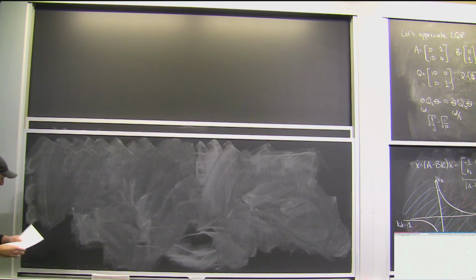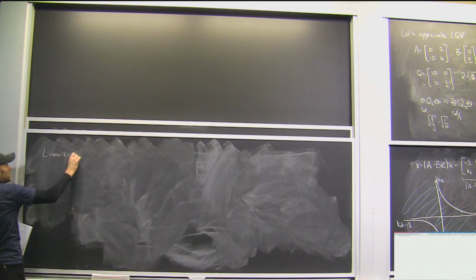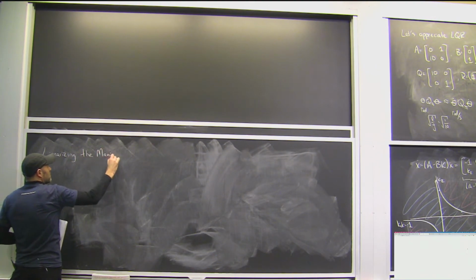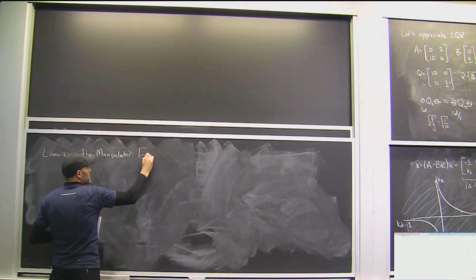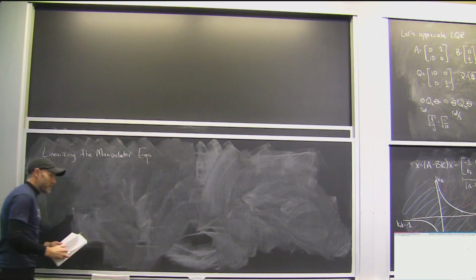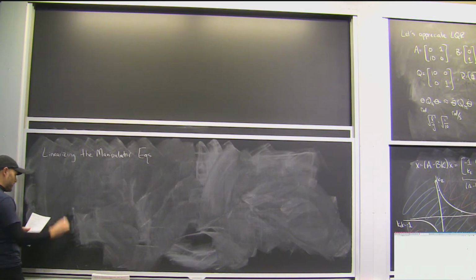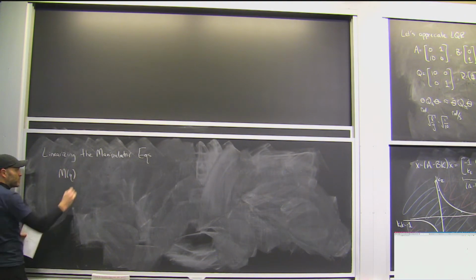The manipulator equations are special, too, right? So linearizing the manipulator equations is easier than somehow linearizing arbitrary f. So I can apply this at scale with even taking only a handful of derivatives.